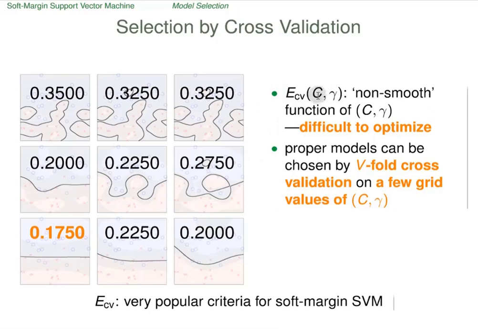So one pair of C, the margin trade-off parameter, and the kernel parameter will eventually give us a soft margin SVM model with small cross-validation error. This is what is used in practice: cross-validation to identify the optimal C and gamma.